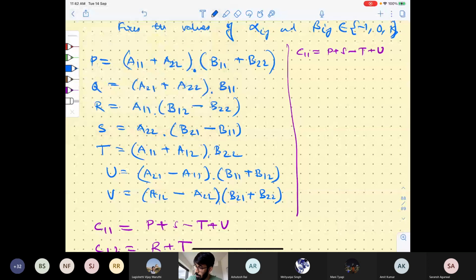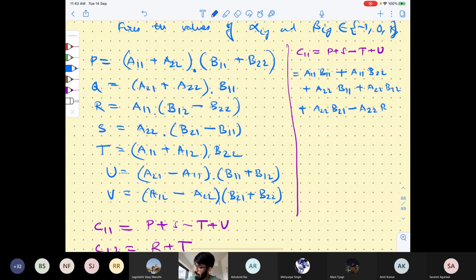So P plus S is A11 B11 plus A11 B22 plus A22 B11 plus A22 B22, plus S, so plus A22 B21 minus A22 B11, minus T.